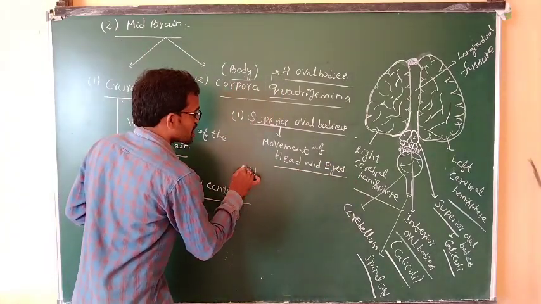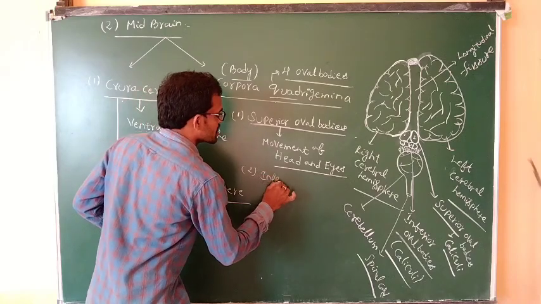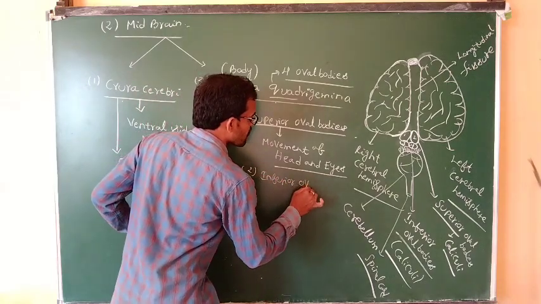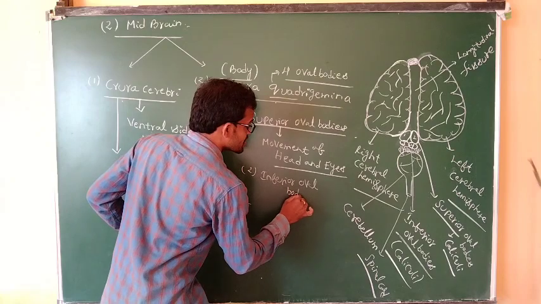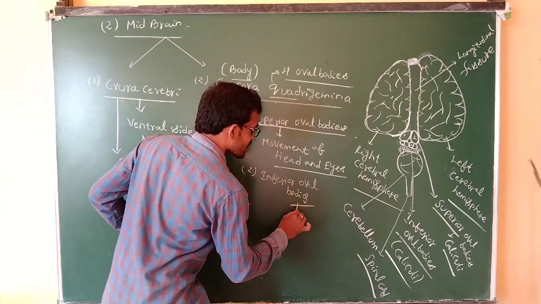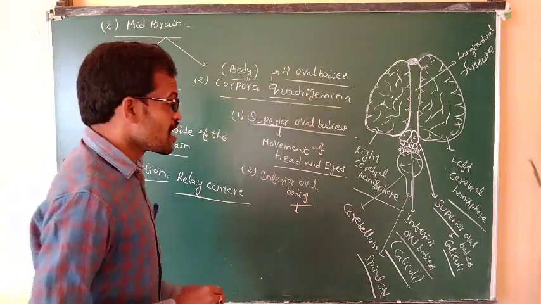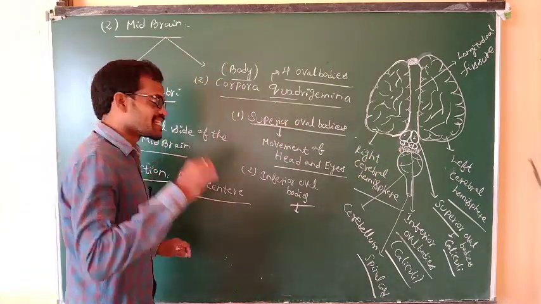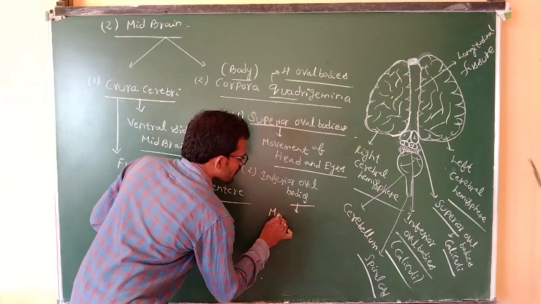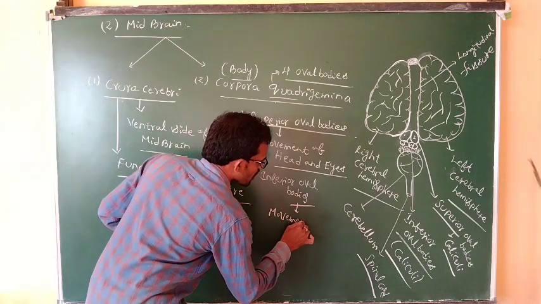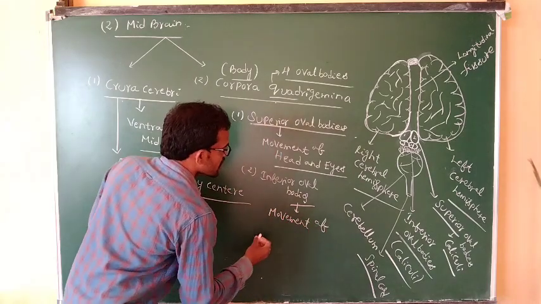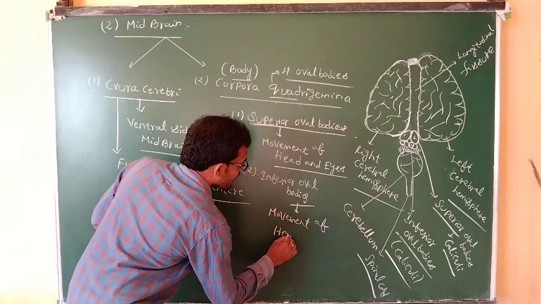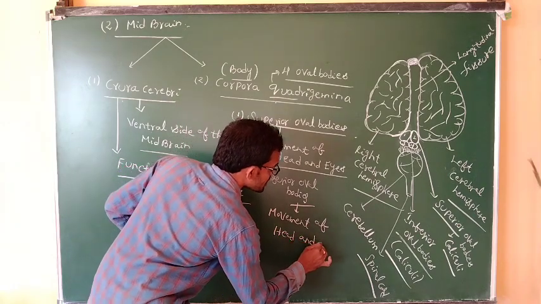The second one is the inferior vowel bodies. What is the function of the inferior vowel bodies? They control the movement of the head and ears.